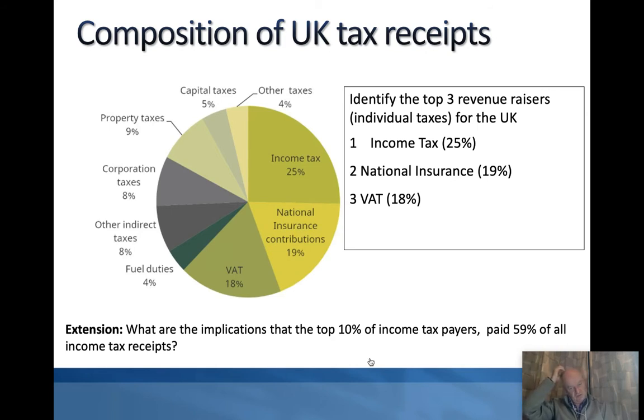Although there's a significant number of other taxes, those 3 taxes account for 62% of all tax revenue, and so clearly those are the key ones that the government needs to focus on to make sure that they are getting those paid at the right levels.